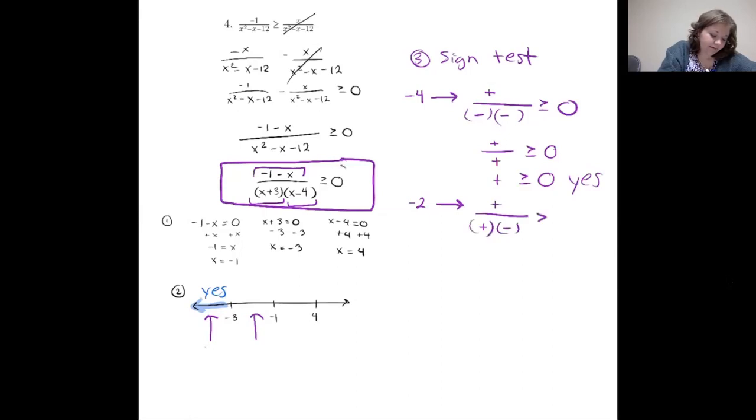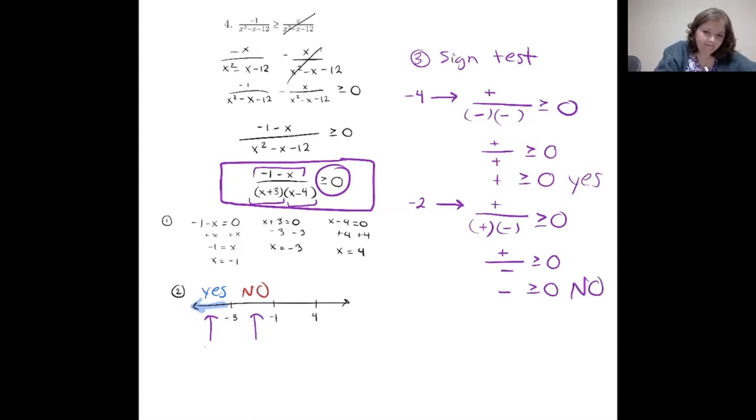And ask, is it greater than or equal to 0? So we have positive on top, negative on bottom. Positive over negative is a negative. And we say, is that greater than or equal to 0? And it's not. So no for this one.